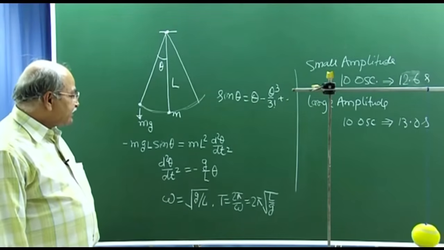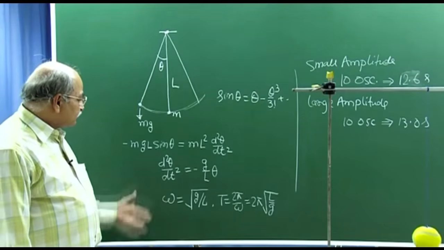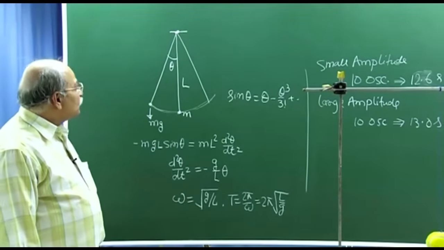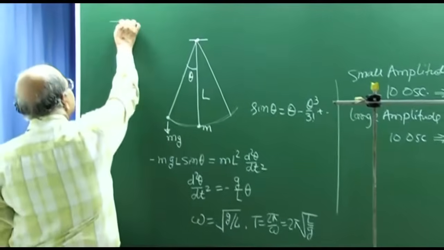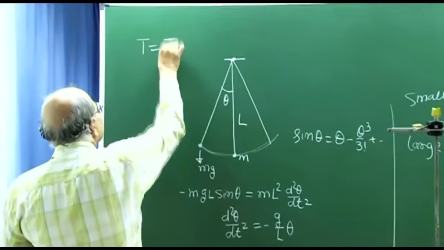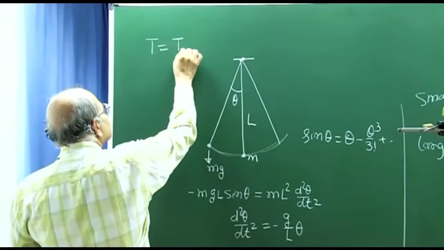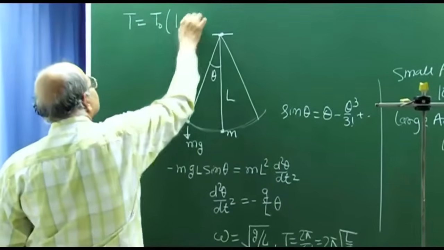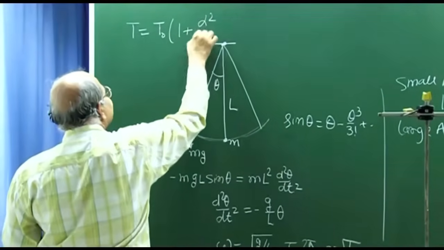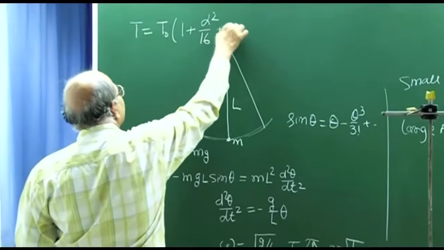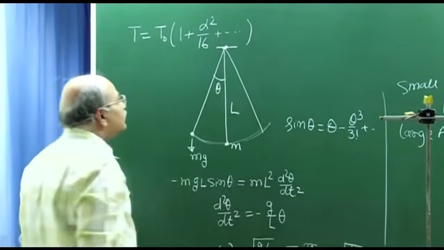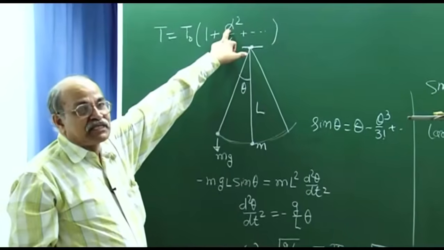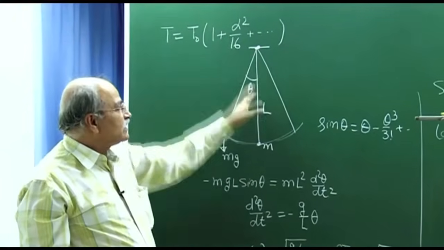If you do this analysis and solve this differential equation, what you get is that the time period is something like T equals T naught times (1 plus alpha squared by 16, and then higher powers). So if you take alpha equal to 1, what is that alpha? Alpha is the amplitude, this amplitude.